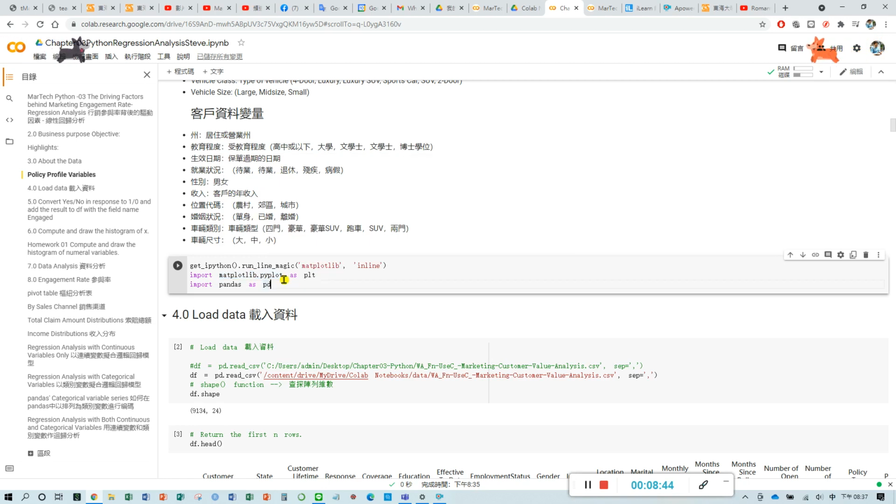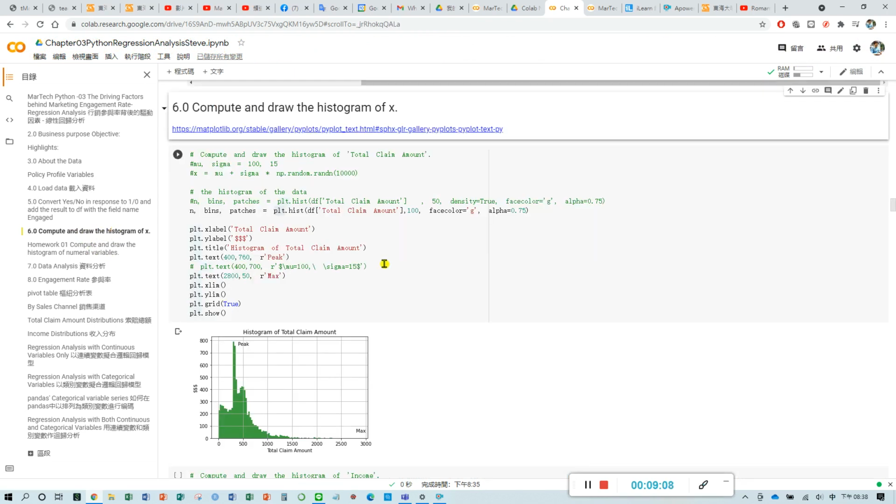Because the name of this package is too long, we use plt for short. plt stands for this library, this package. Okay, so let's go back to the histogram. How to draw the histogram for one variable.